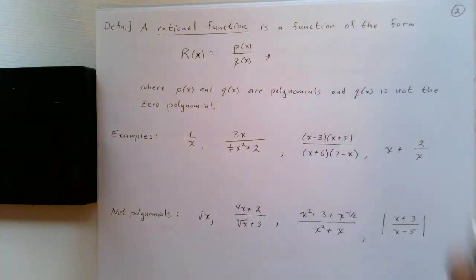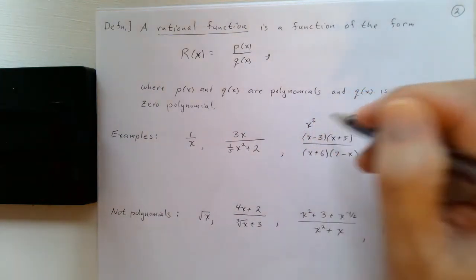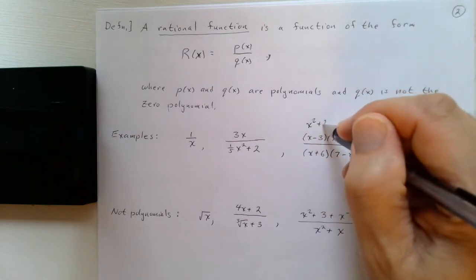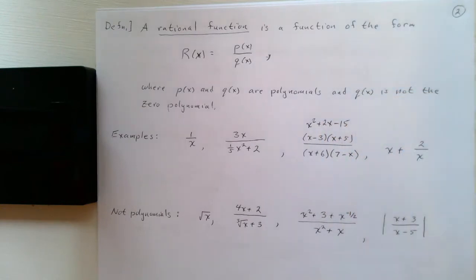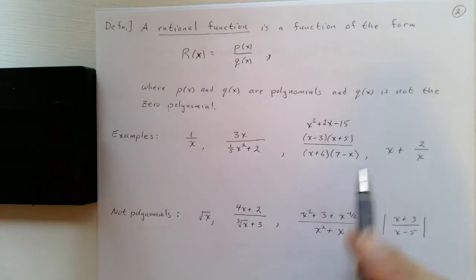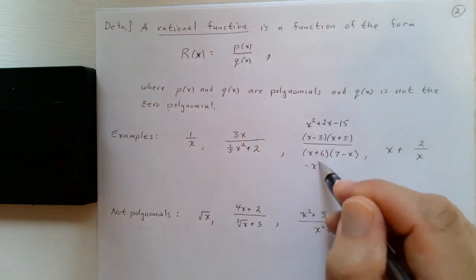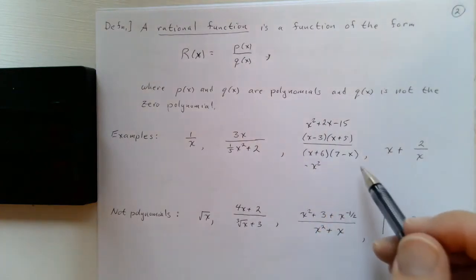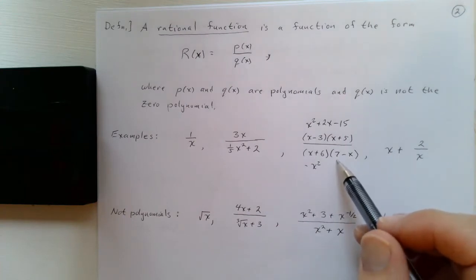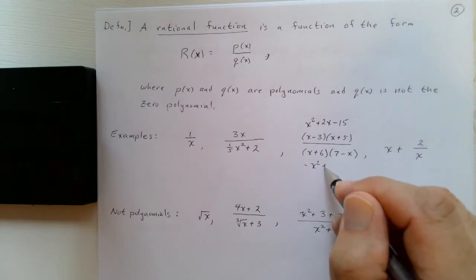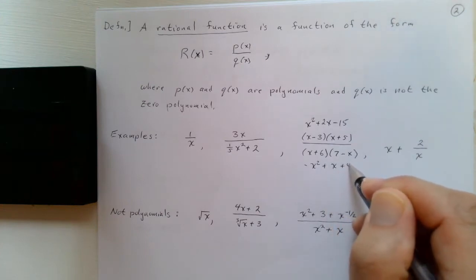If we multiply this out, this is going to be x squared plus 2x minus 15. And down here, if we multiply this out, we get minus x squared plus 7x minus 6x. So this would be plus x plus 42, I think.